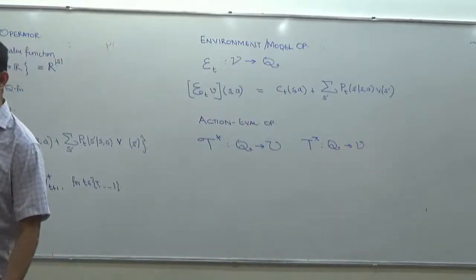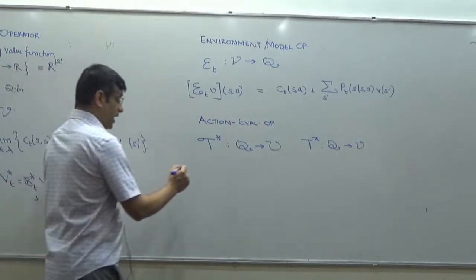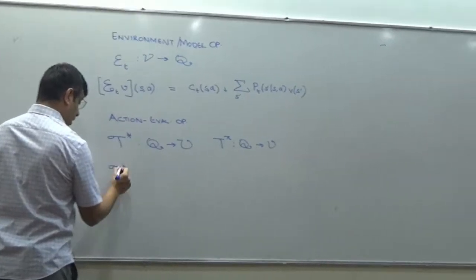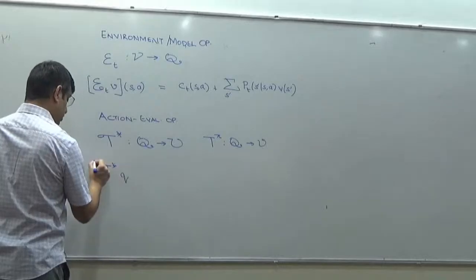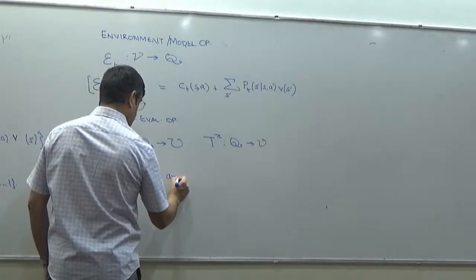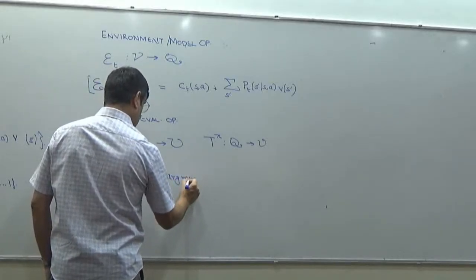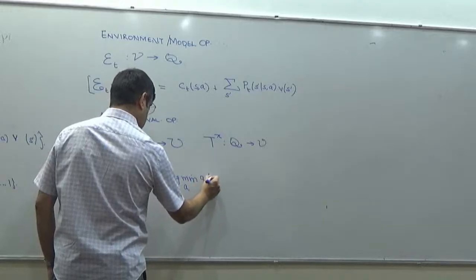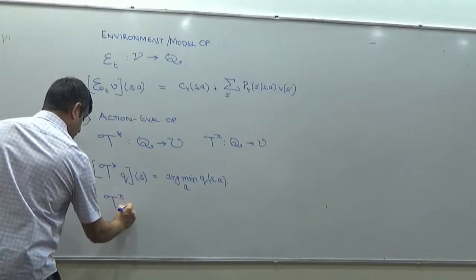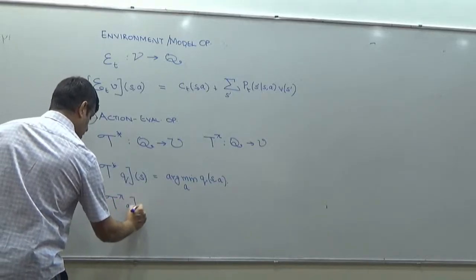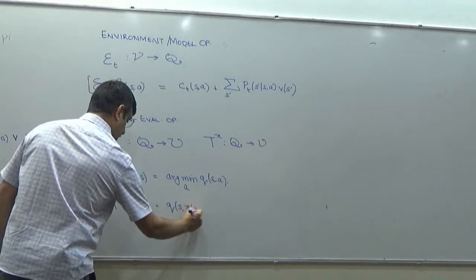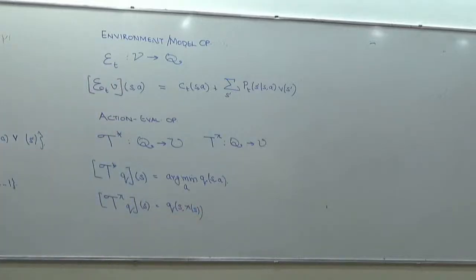Okay. The way I am going to define this is that T star applied at some Q function little q evaluated at S is the arg min over actions of Q of S, A, and T pi evaluated at some Q function at S is Q of S and pi of S.